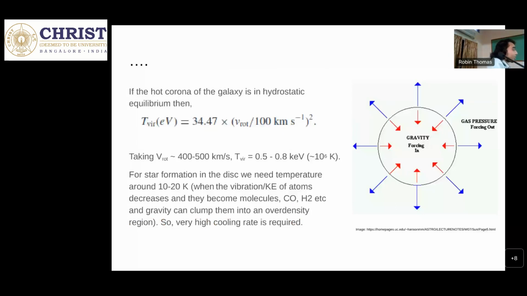I think the author of the X-ray paper also found a temperature of around 0.64 keV from considering X-ray hydrostatic equilibrium. So this is the gas temperature in the halo, and we need to cool it down to 10 to 20 Kelvin so that it can form stars.